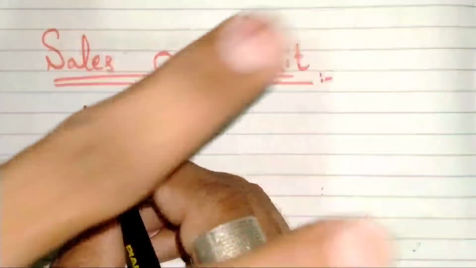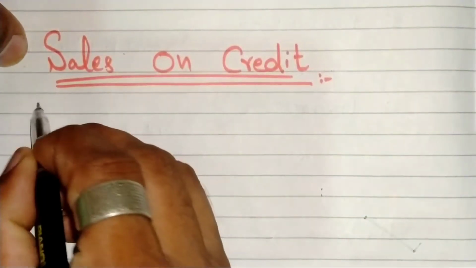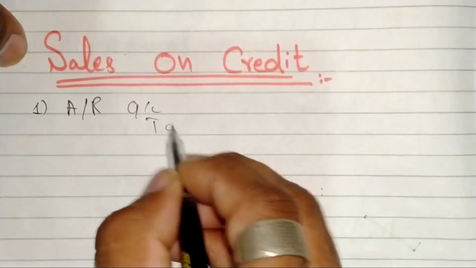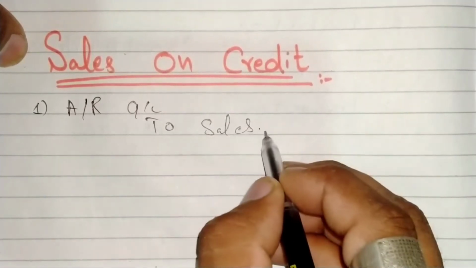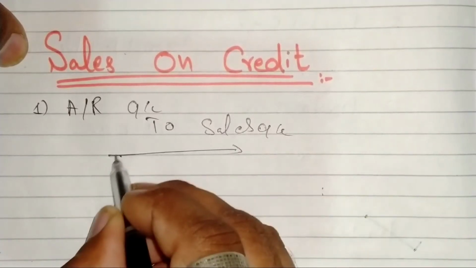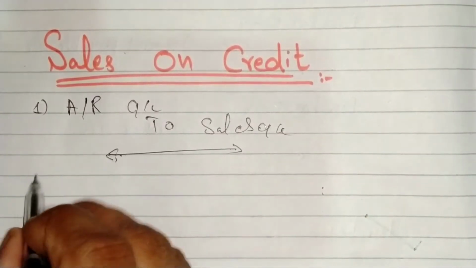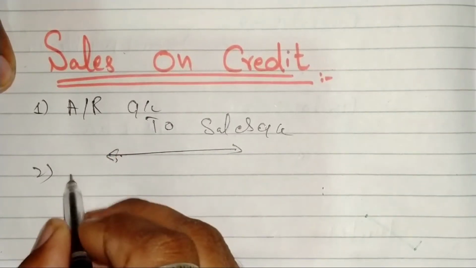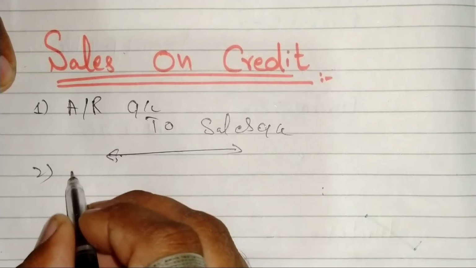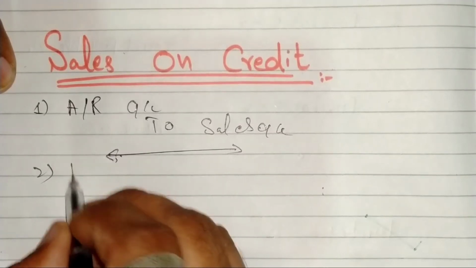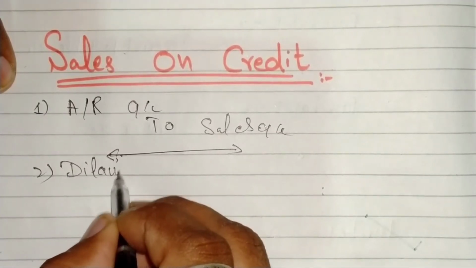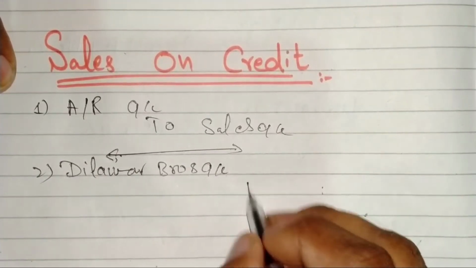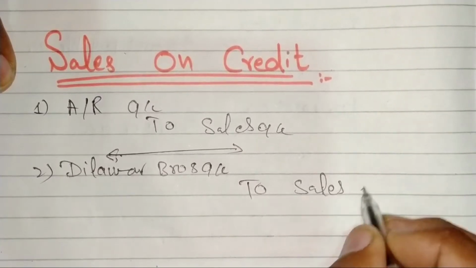The two ways to deal with this transaction: first is accounts receivable account debit to sales account credit. The second method to deal with sales on credit is to write the customer's name, just like Dilawar Brothers account debit to sales account credit.